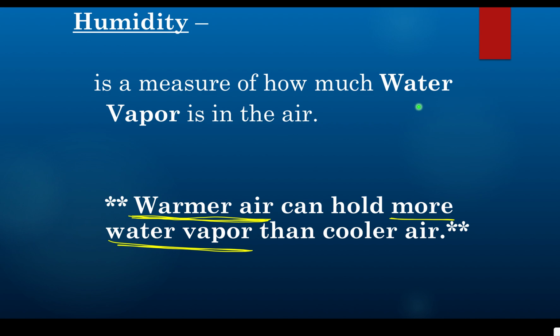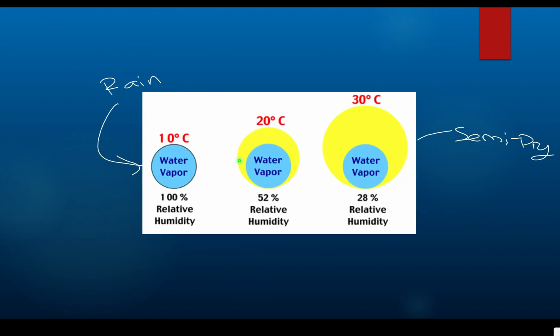You could think of it as a room or a glass. That glass represents an air molecule. How much water fits in that glass? Well, if the glass is full, we would say 100%.